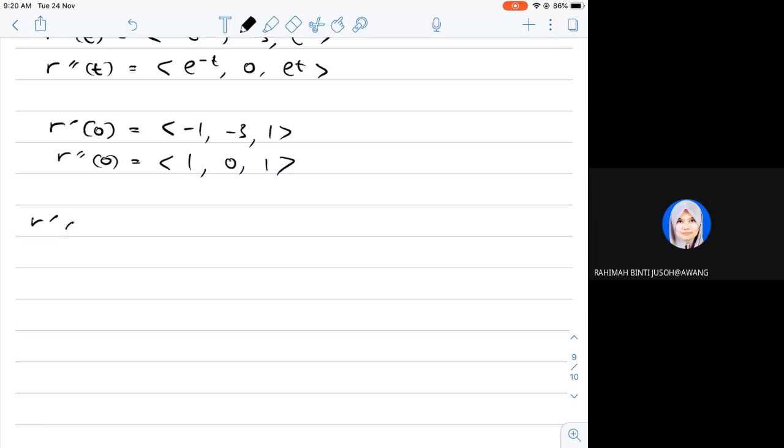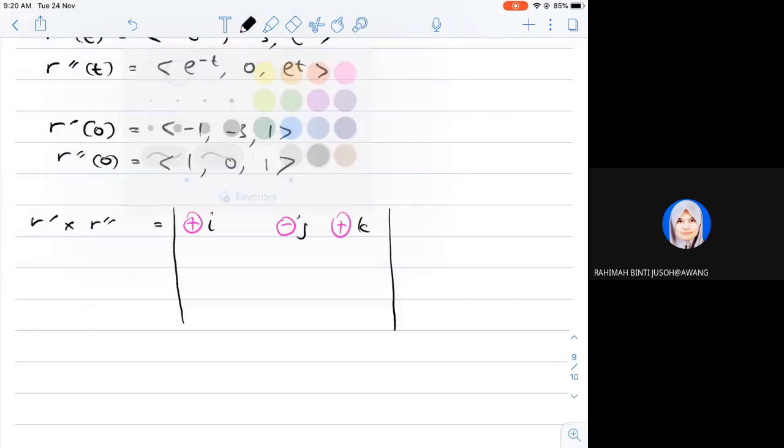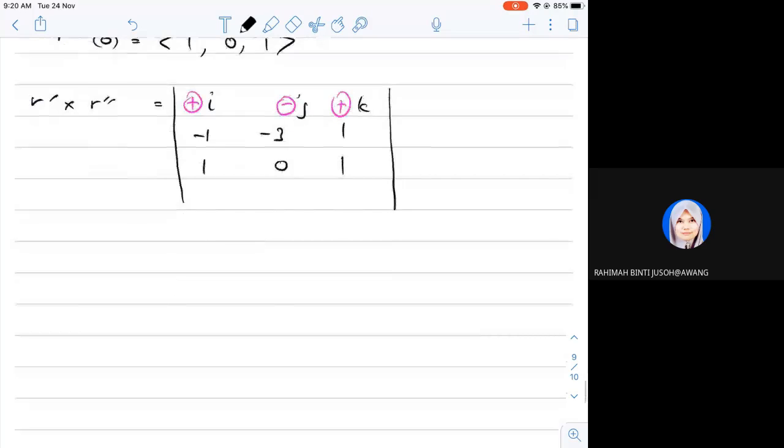So let us do this cross product. i, j, and k. So again, don't forget plus, minus, plus. All right, we have -1, -3, and 1; 1, 0, 1. Okay, so let us proceed. Close the first column. So -3 minus 0 i minus -1 minus 1 j.